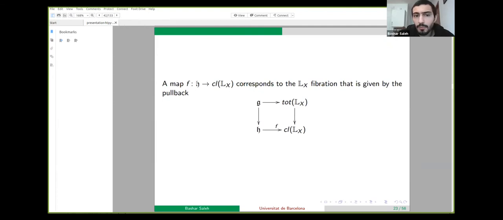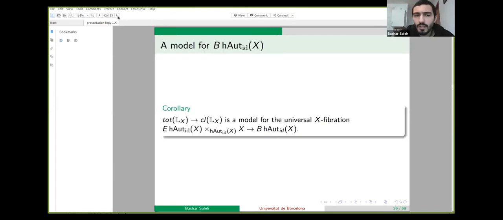So a map from H to the classifying Lie algebra corresponds to the L_X fibration that is given by the pullback. So as a corollary, we have a universal L_X fibration in DGL that should be a model for the universal X fibration in the category of simply connected spaces.